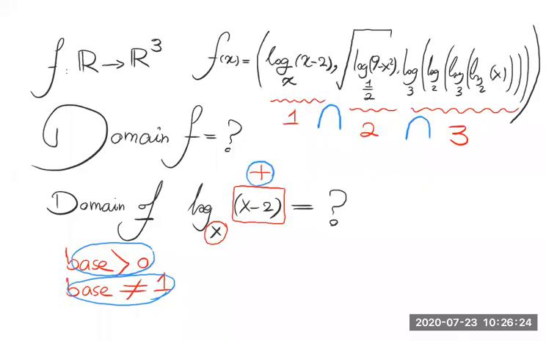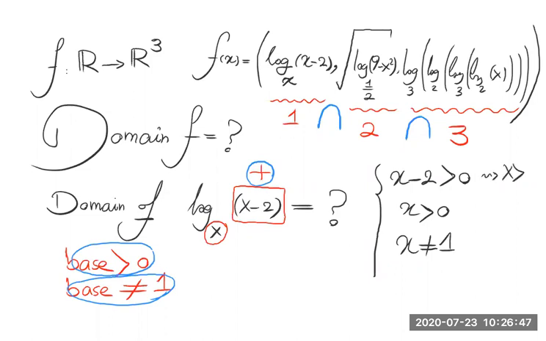Okay, think for a few minutes and the answer. So let's see, here there are a few things we should have. X minus 2 should be positive. We can take log of positive numbers. Base must be positive. Base can't be 1. Here the base is x itself. The first thing says x should be greater than 2. The second one says x should be greater than 0.